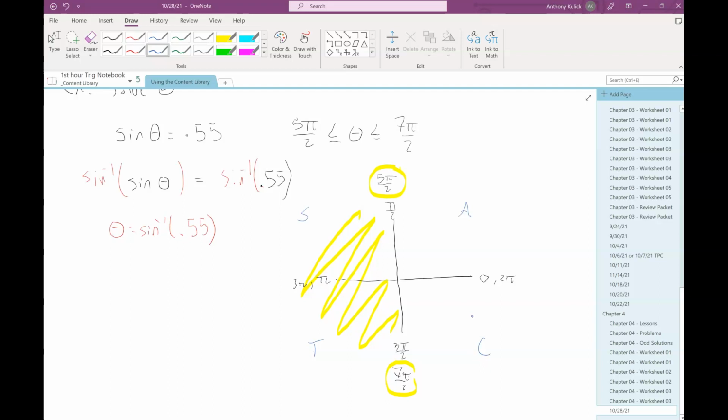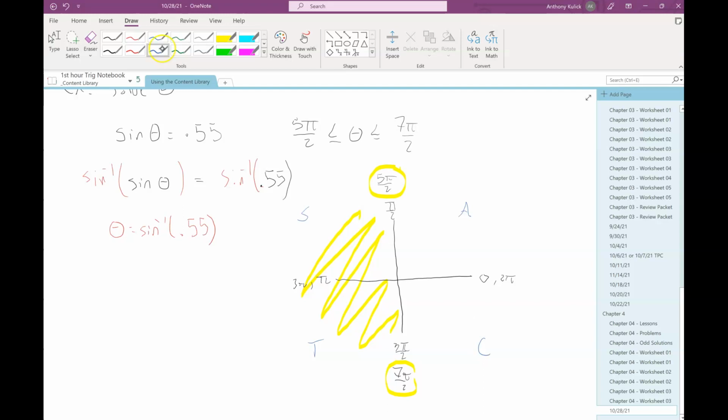A is in the first quadrant, tells us that all of sine, cosine, and tangent are positive. S is in the second quadrant. That tells us sine is positive, but cosine and tangent are negative. T is in the third quadrant, so tangent is positive, sine and cosine are negative. And C is in the fourth quadrant, cosine is positive there, sine and tangent are negative.